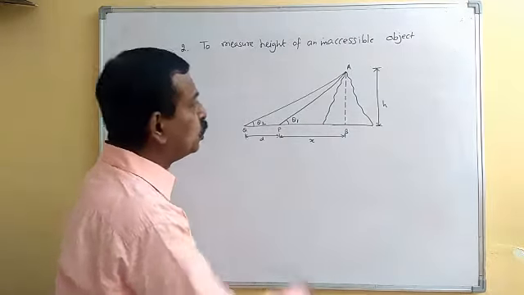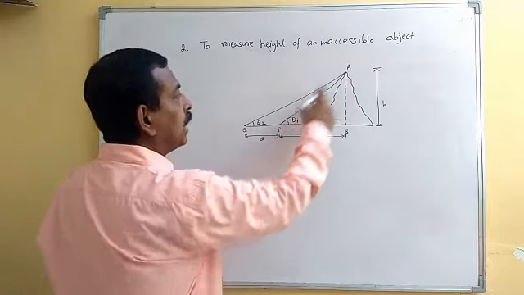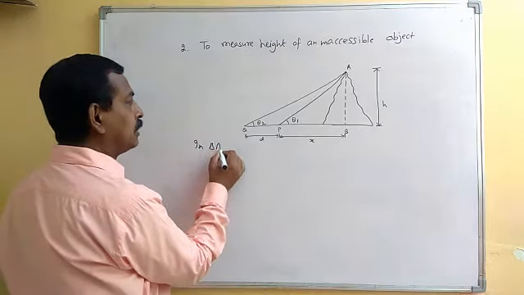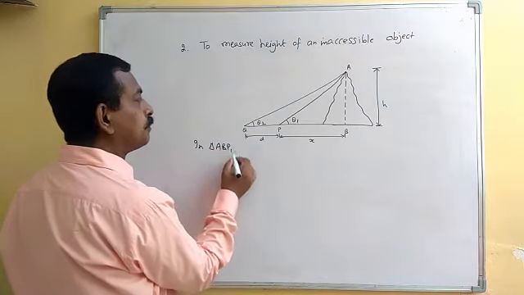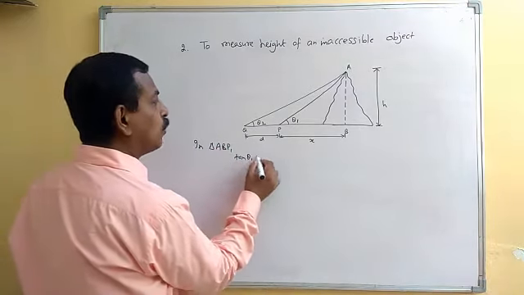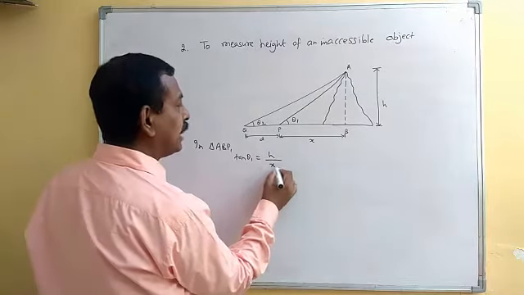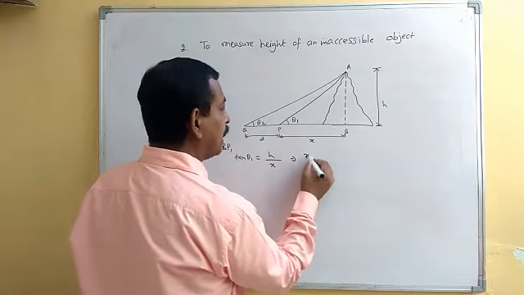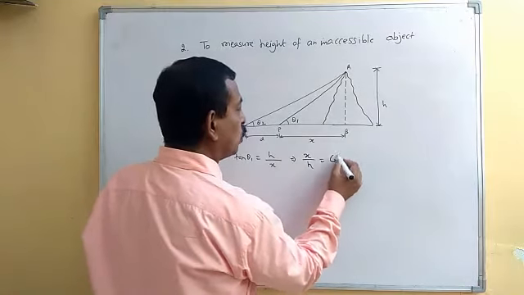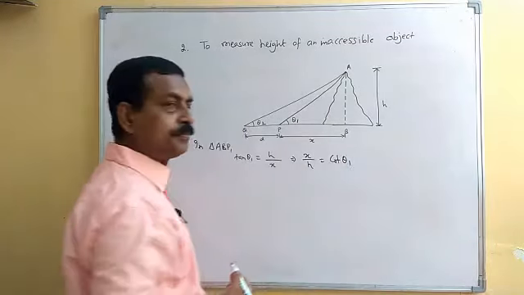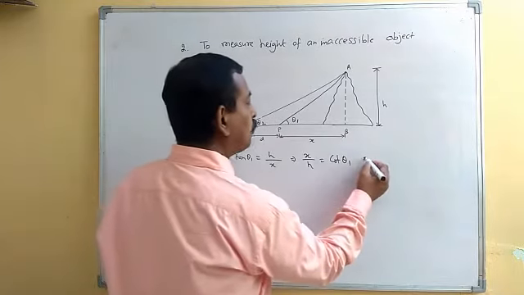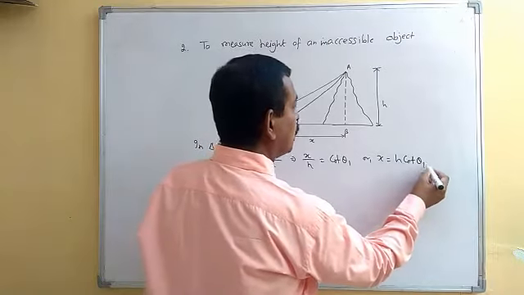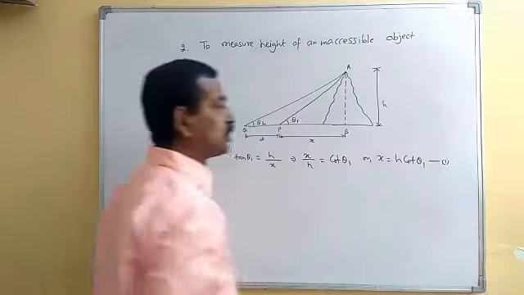So, taking the triangle ABP, in triangle ABP, tan θ1 is h by x, and with this we get x by h equals cot θ1, or x equals h cot θ1. Suppose I call this equation number 1.